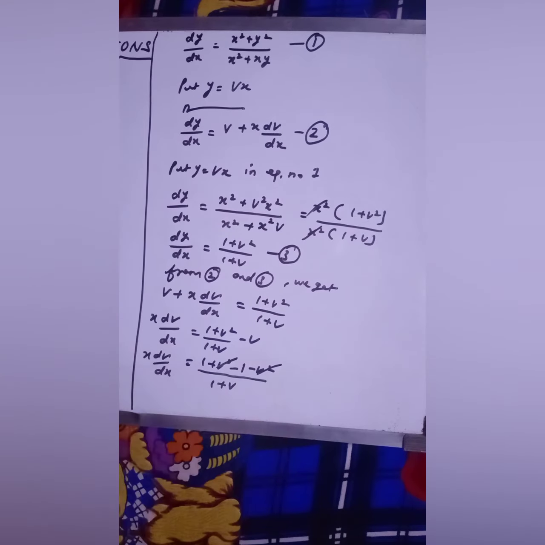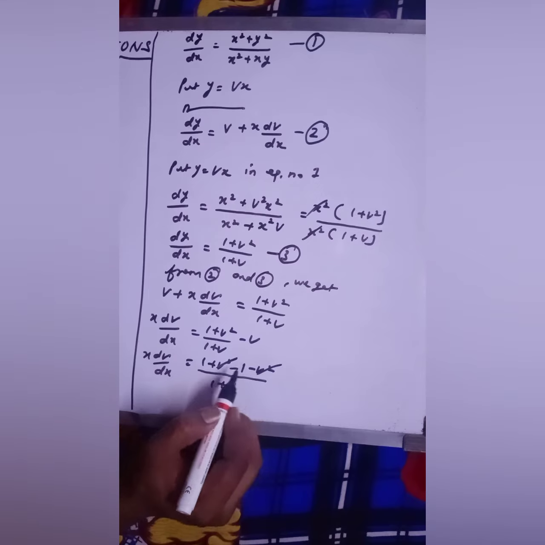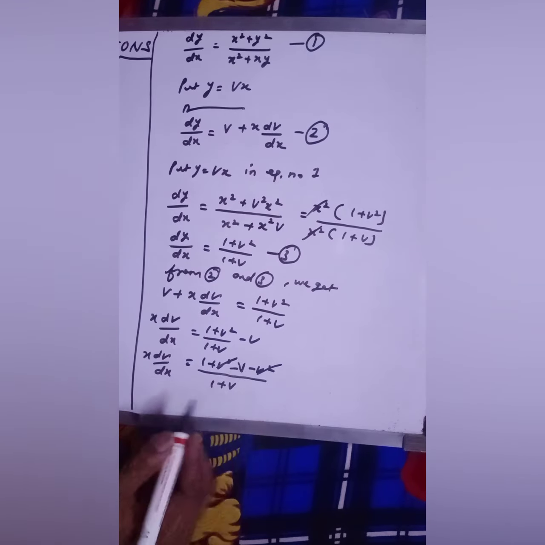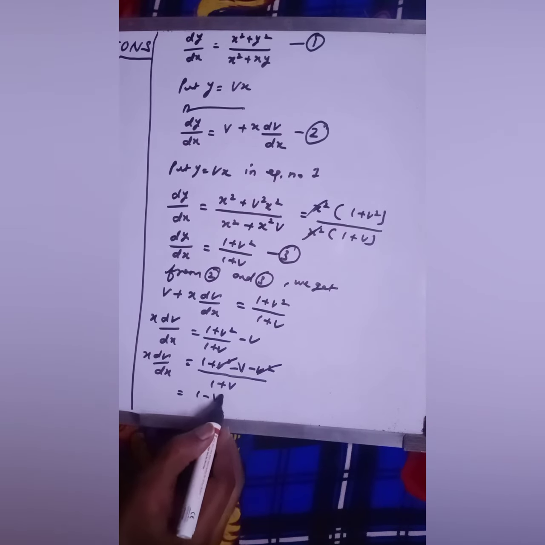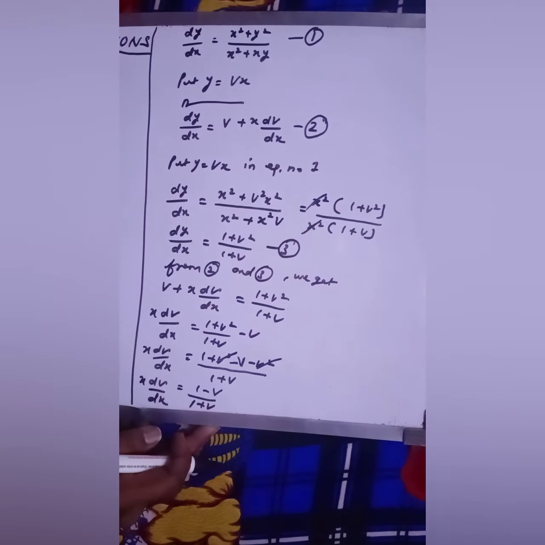This v square and v square will cancel out. Here v will come. Okay, so the next step will be (1 minus v) over (1 plus v), and here x dv by dx you have to write.